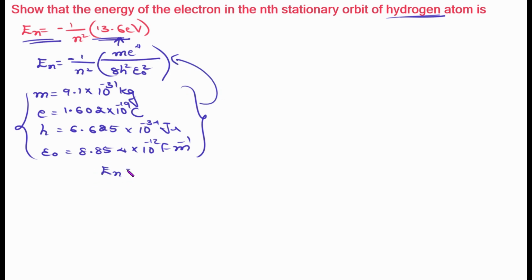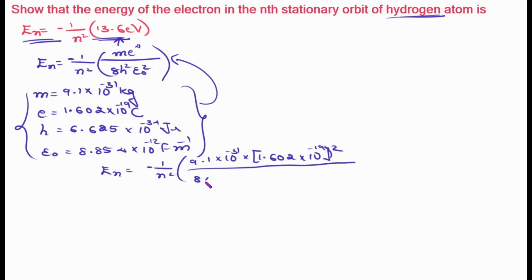So En is equal to minus 1 divided by n square. m is 9.1 into 10 to the power of minus 31, into e is 1.602 into 10 to the power of minus 19, whole square, divided by 8 into 6.625 into 10 to the power of minus 34, square, into 8.854 into 10 to the power of minus 12, whole square.